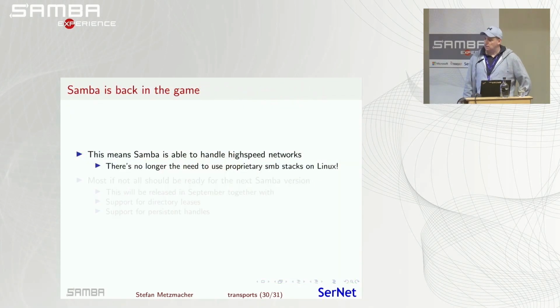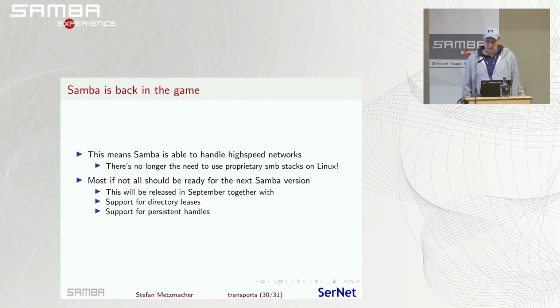Yeah, that means we are basically back in the game and are able to handle high-speed networks, and there's no longer a need to use proprietary SMB stacks on Linux to get there. And basically it all depends on the disks and the file system performance now.